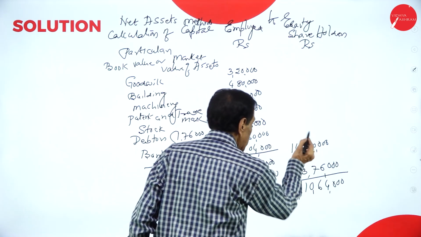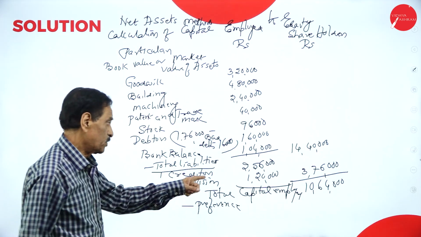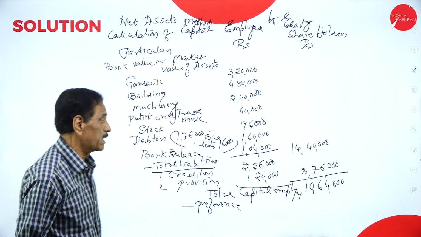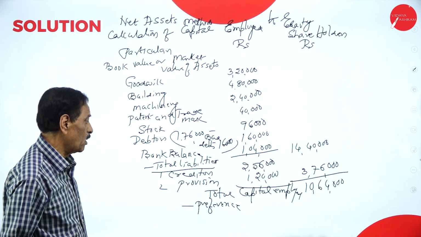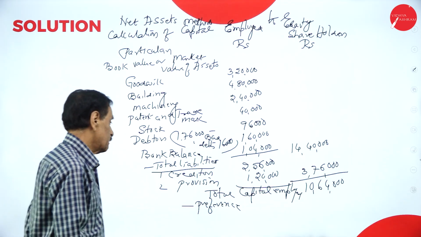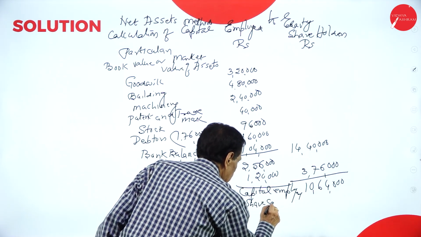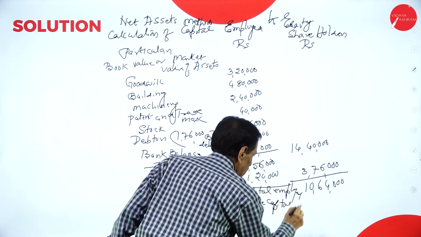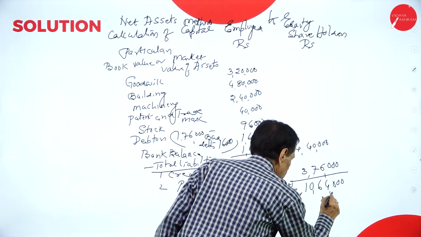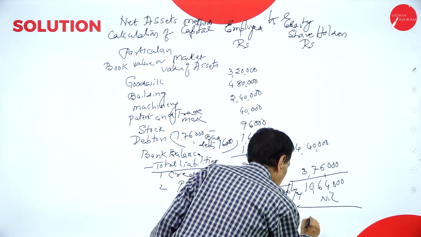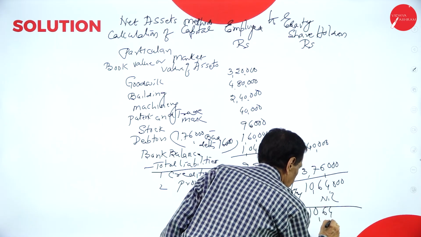It becomes 14,40,000 minus total liability 3,76,000, which is 10,64,000. Total capital employed minus preference share capital, nil. It becomes 10,64,000.